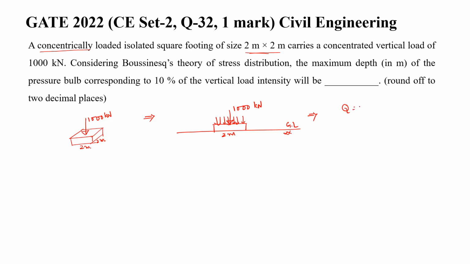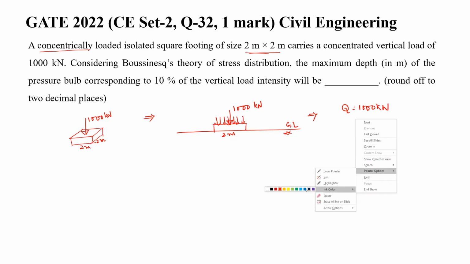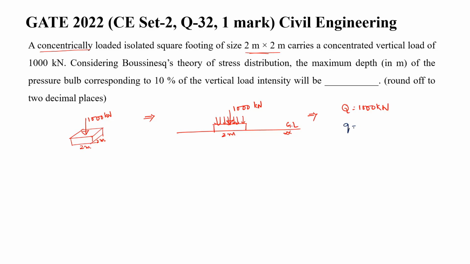If Q is 1000 kilonewton, the intensity can be given by the pressure: 1000 divided by 2 into 2, it is a square footing, so 250 kilonewton per meter square, so you can write it as kPa.